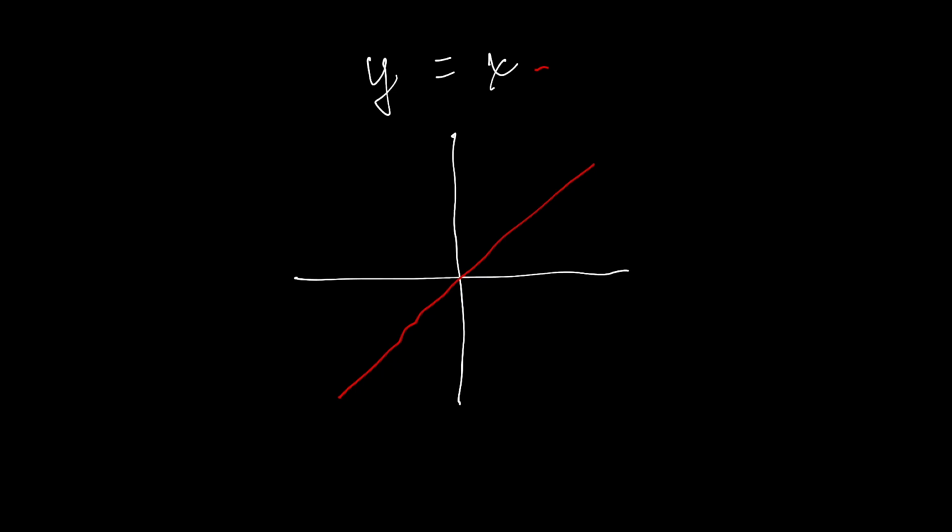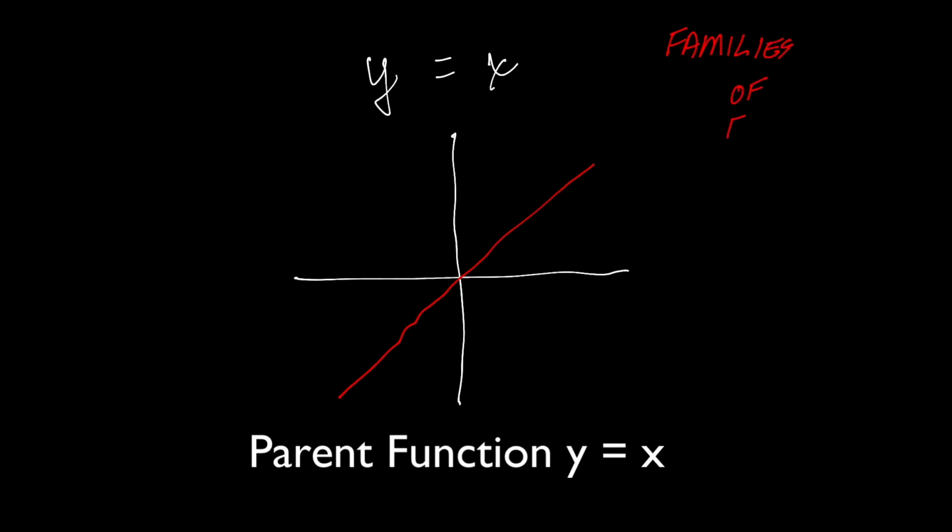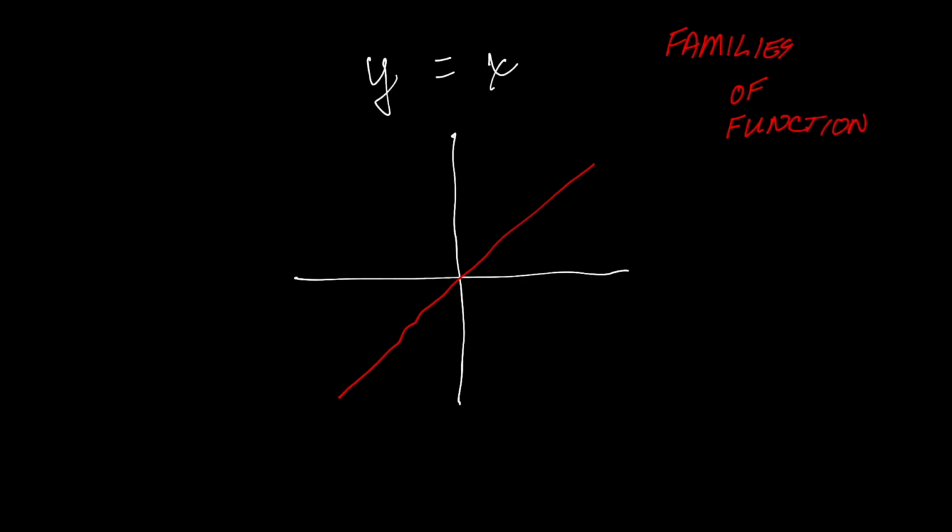We could also move it right and left, but that really doesn't make sense because up and down would be the same thing with a linear function. But in any event, we're talking again about families of functions. So what you're looking at here is the parent function for a linear function.